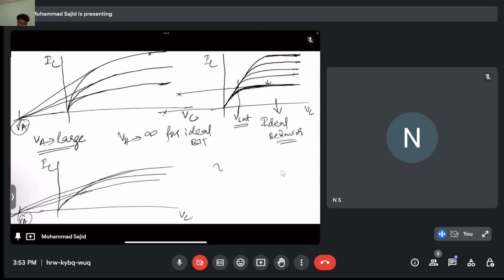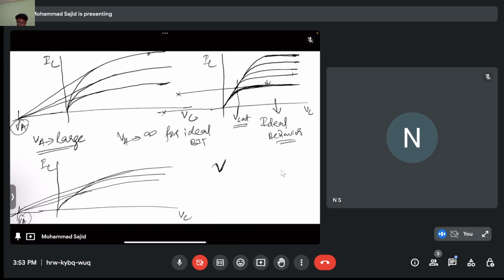How can we know about the transistor behavior using the early voltage? If early voltage is very low, that signifies that your BJT, after achieving saturation, still has current increasing with the applied collector voltage. In the ideal case, it will remain constant after saturation, but in this case it will increase.